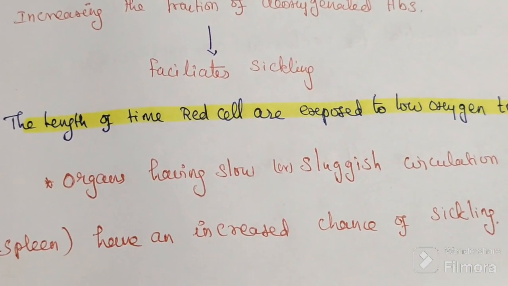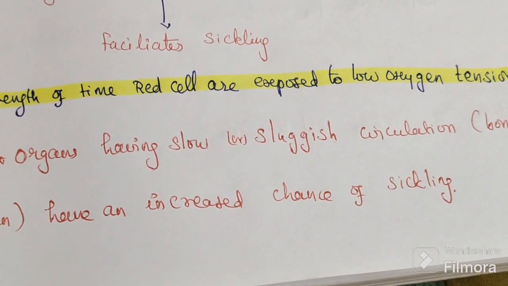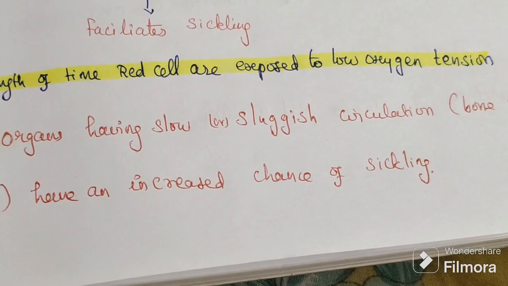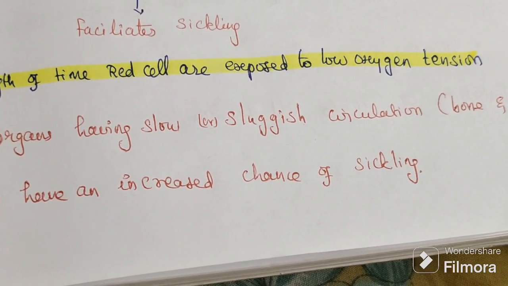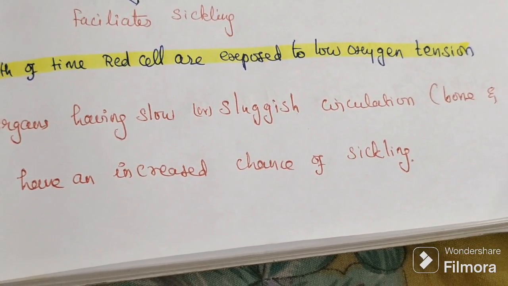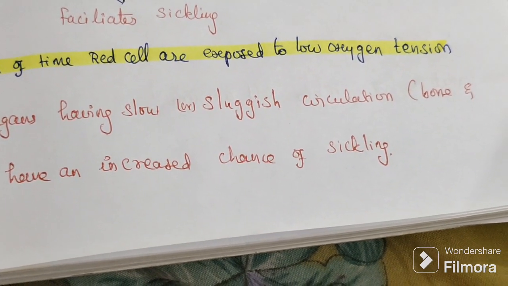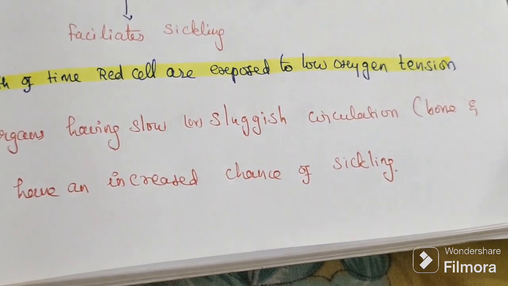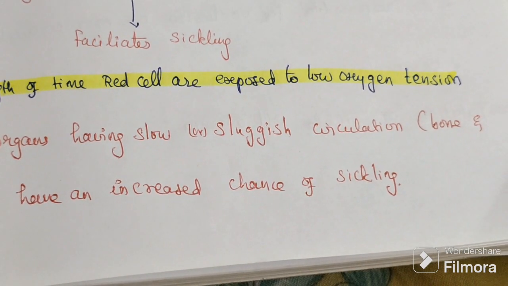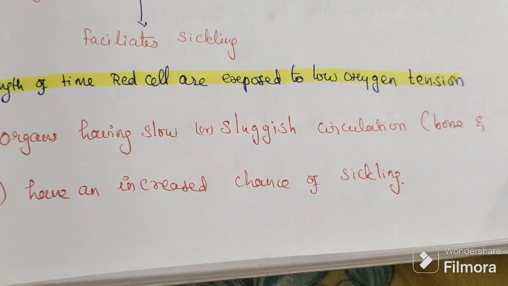Organs with slow and sluggish blood flow, like bone and spleen, expose the cells for a longer time to low oxygen tension in a deoxygenated state, so there is a high chance of sickling in these organs. The faster the blood flow, the less the sickling. The slower or more sluggish the blood flow, the more the sickling.